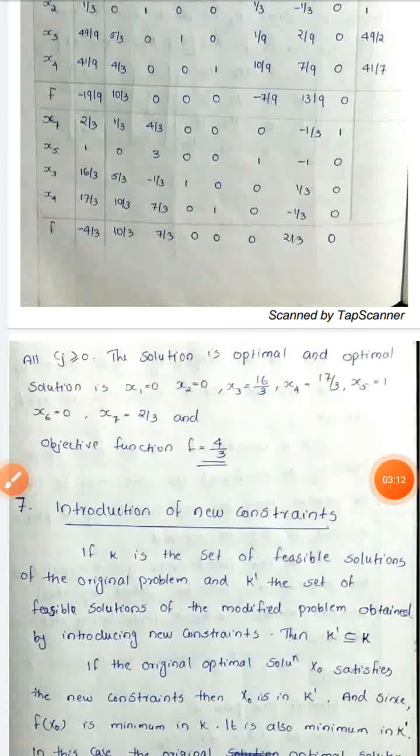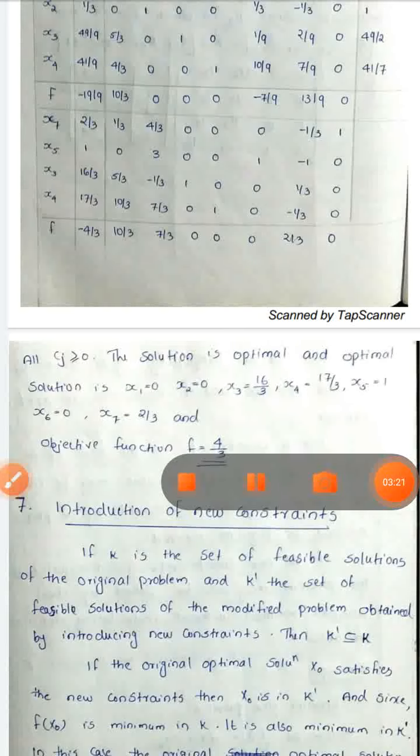So all Cj greater than or equal to 0, the solution is optimal, and the optimal solution is X1 equal to 1, X2 equal to 0, X3 equal to 16/3, X4 equal to 17/3, X5 equal to 1, X6 equal to 0, X7 equal to 2/3, and the objective function is 4/3.